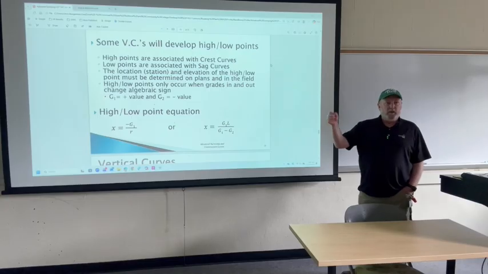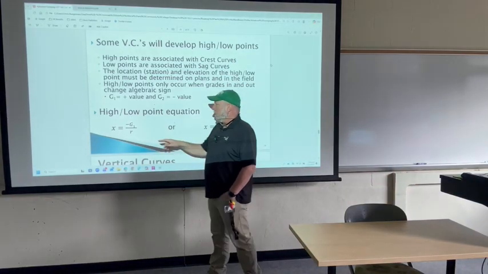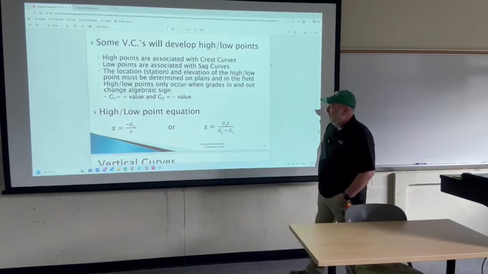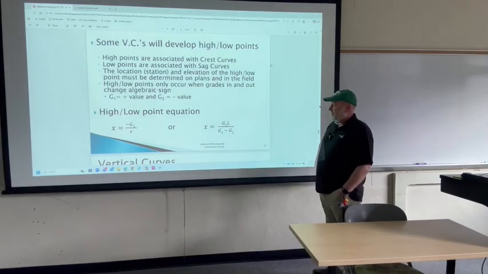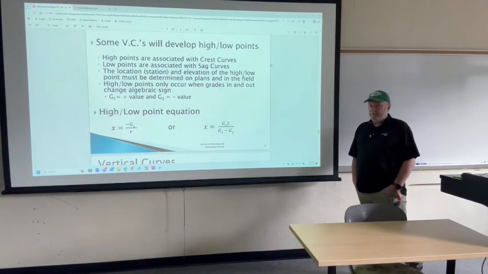We need to solve what station that falls on. That distance is equal to negative g1 divided by r, or you could solve that as g1 times L divided by g1 minus g2.